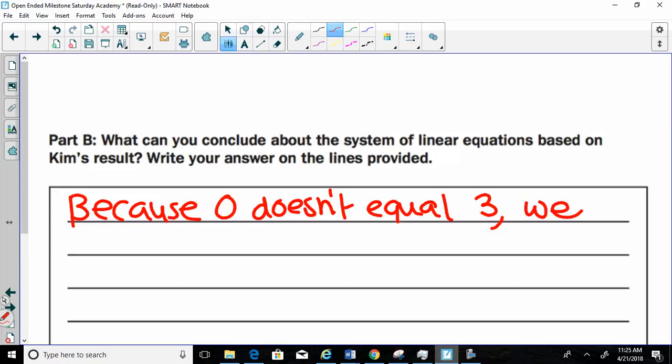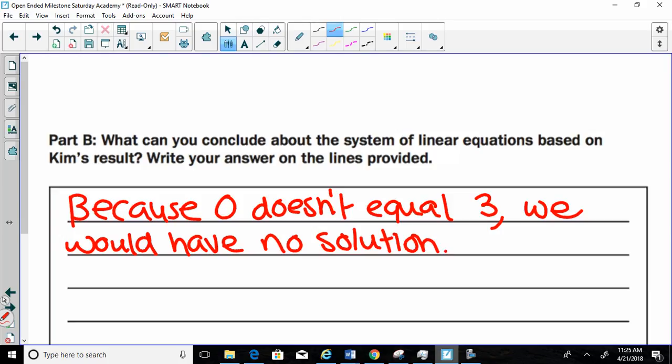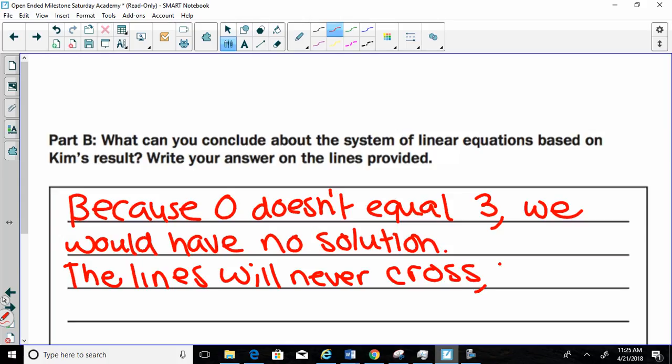How many solutions would we have? No solution. So that means will the lines ever cross? The lines will never cross. If the lines never cross, what type of lines are they? Parallel, yes, because they're parallel lines.